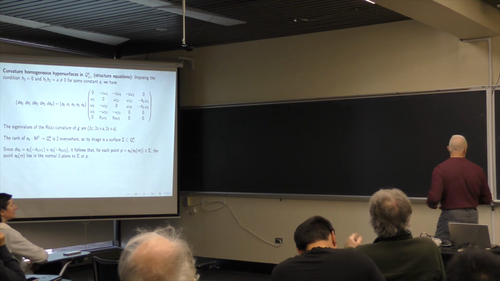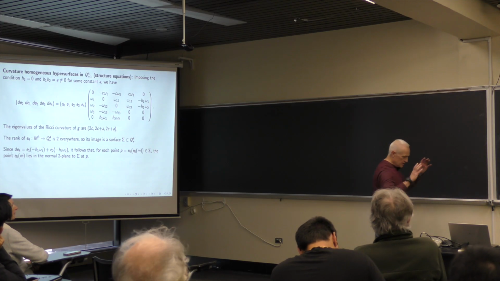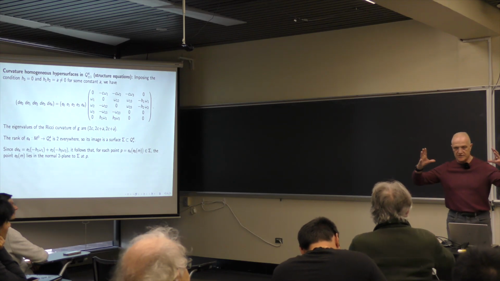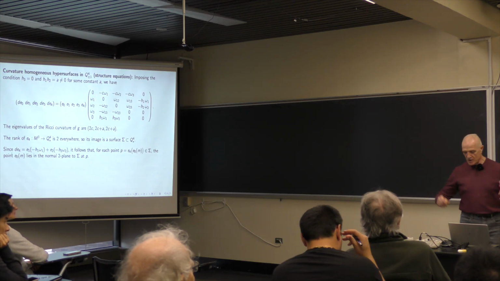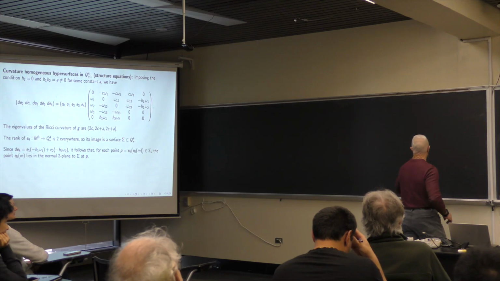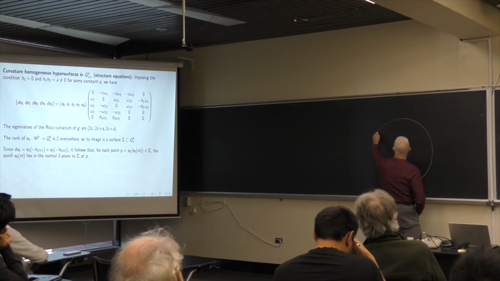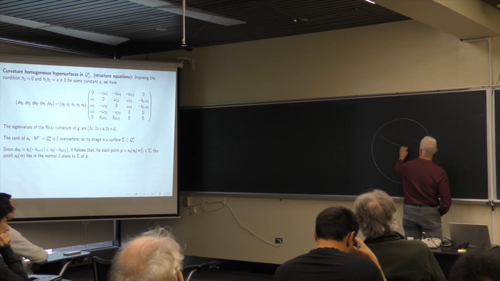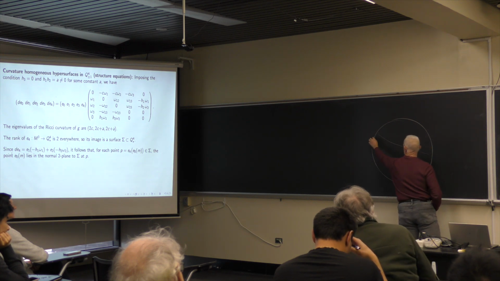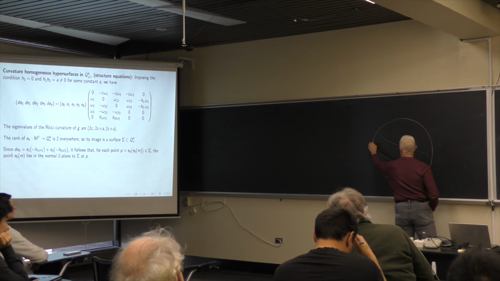The geometric picture is this: you have this hypersurface sitting inside, let's think of the 4-sphere. You have a hypersurface which is 3-dimensional, but unfortunately I can't really draw it, the dimensions.